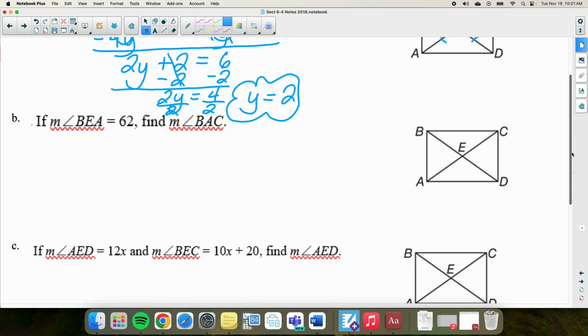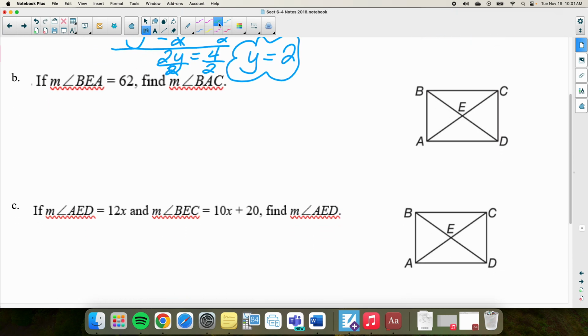Now, if we look down at B, it says the measure of angle BEA is 62 degrees. That's this angle right here, okay, like right here. And then it says find the measure of angle BAC right here. Now, this is something you may not know yet, because I haven't really spoken about this, but if you look at this triangle, one of the things we know is that all four of these pieces are equal.